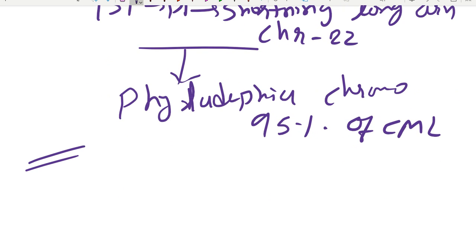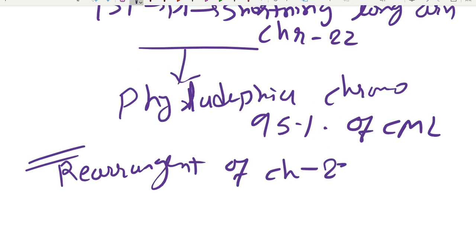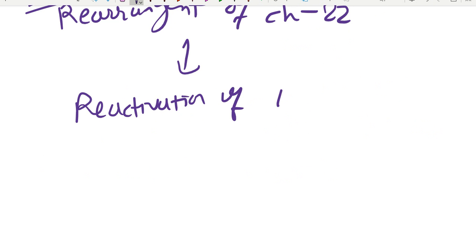Now we see the rearrangement of chromosome 22 leads to reactivation of BCR-ABL tyrosine kinase.